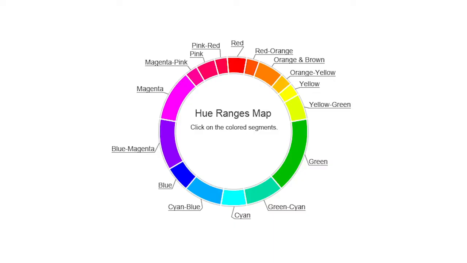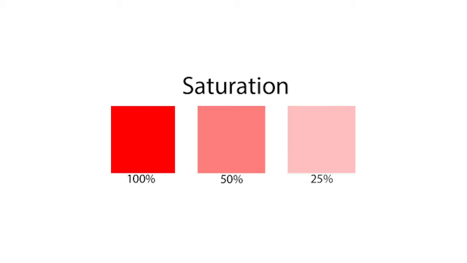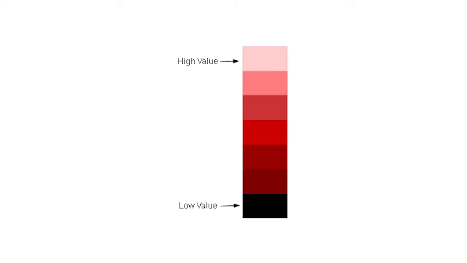So hue is what? It's a color, right? Red, blue, green. It's differentiating the actual color that we're talking about. Saturation is how intense that color can be. Also, luminance, or the value of it. So it's how bright or dark it is.